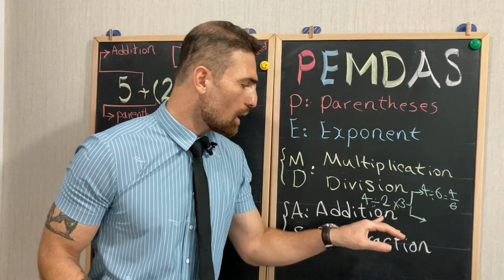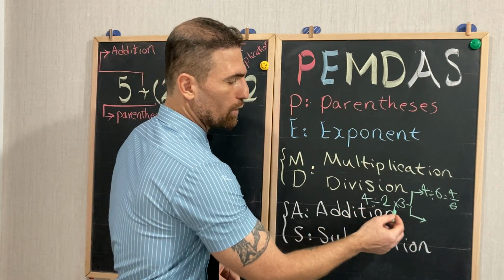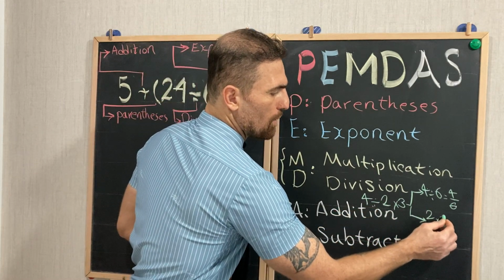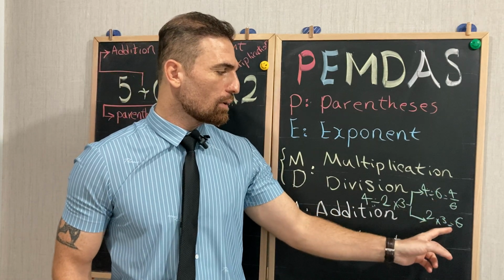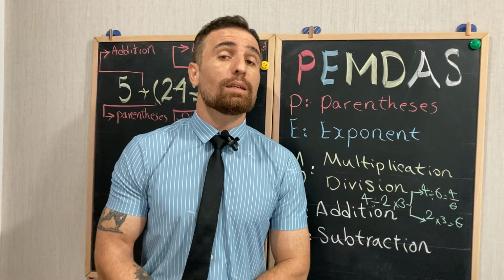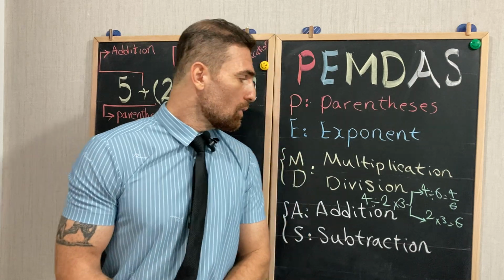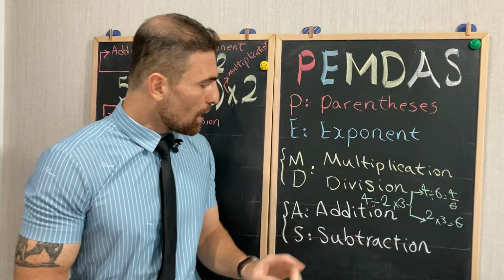If I start with division, it's going to be 4 divided by 2, which is 2, times 3 equals 6. Look, different answers. That is why it is important that we follow this set of rules.